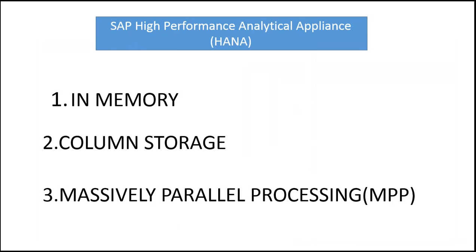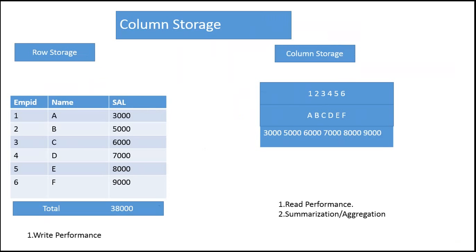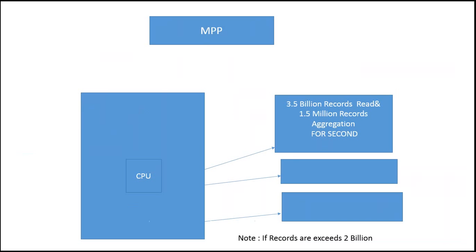Next, third point is massively parallel processing, MPP. In HANA, if the records exceed 2 billion, this is called a CPU, and the CPU can be split into core CPUs, the CPU is divided into parts. Only when the records exceed 2 billion are these called core CPUs.